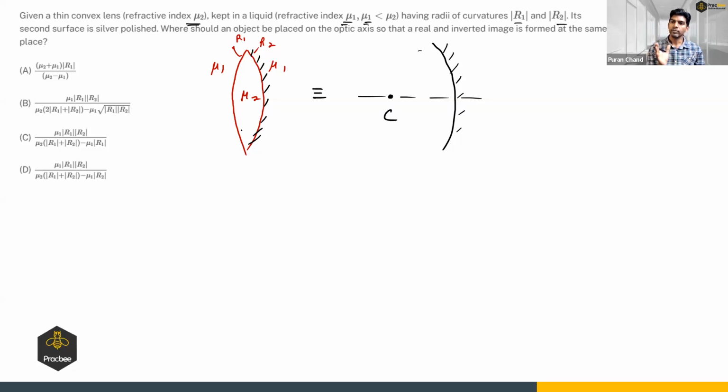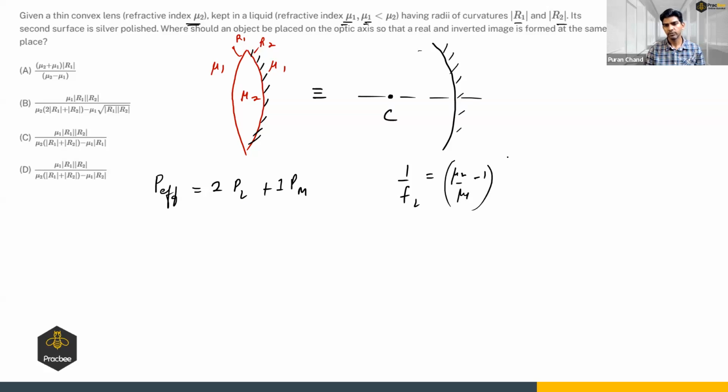So here we have a combination of a lens and a mirror. So we can say effective power will be 2 times the power of lens plus 1 times the power of mirror. Is it clear? Same formula we have to use. So 1 by FL, focal length of the lens, will be (mu2 by mu1 minus 1) times (1 by R1 plus 1 by R2) in this case, right? Is it clear?